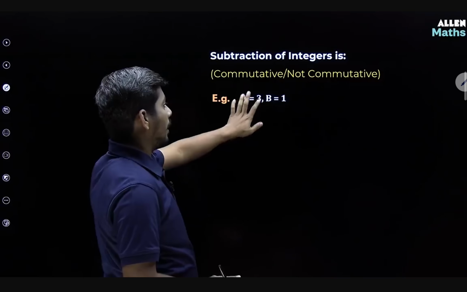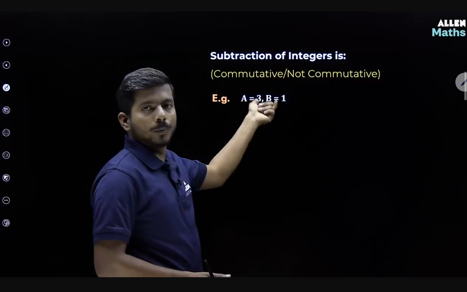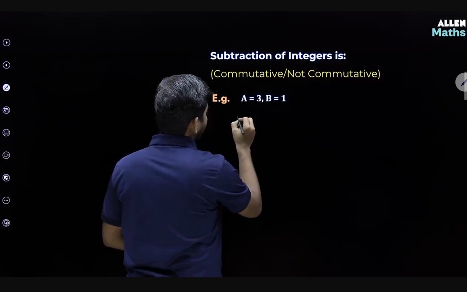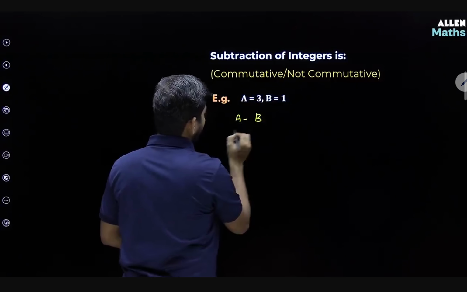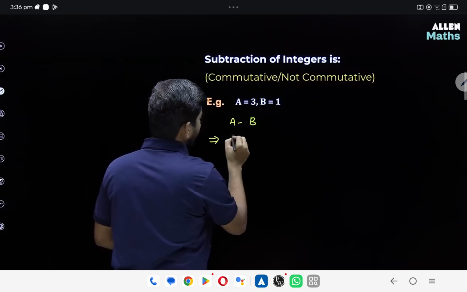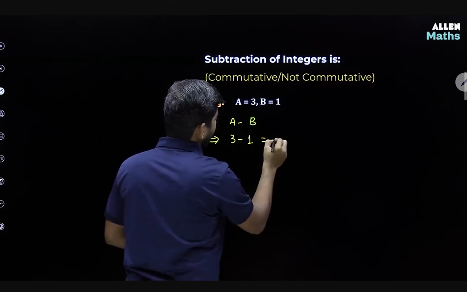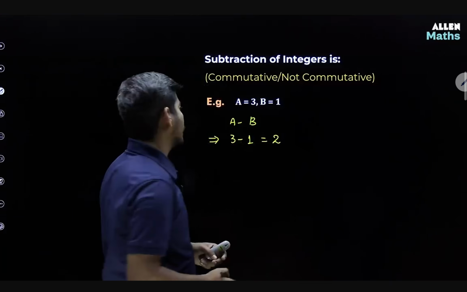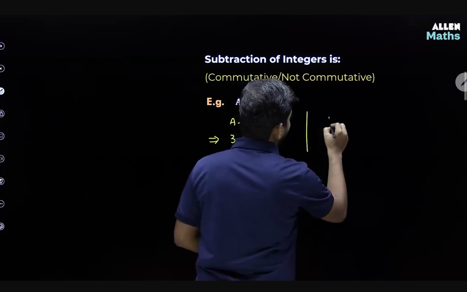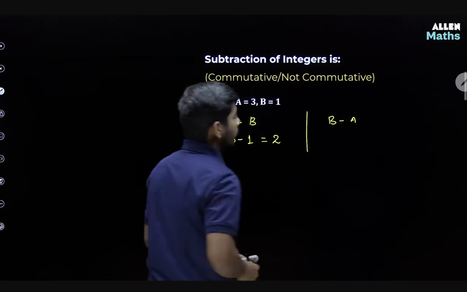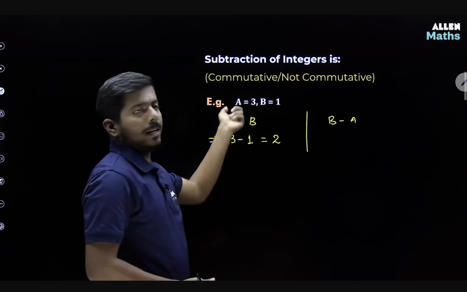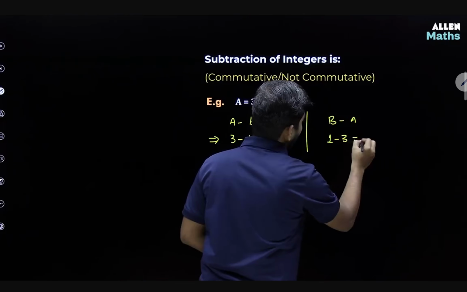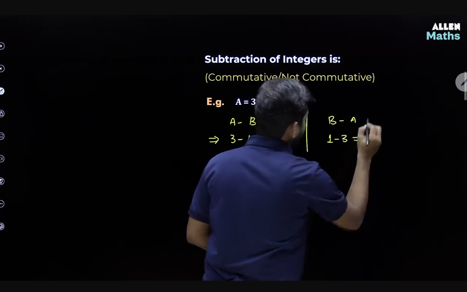Let's say here we have a as 3 and b as 1. So a minus b: 3 minus 1, here we are getting 2. Now if we do b minus a, so 1 minus 3, the result is negative 2.